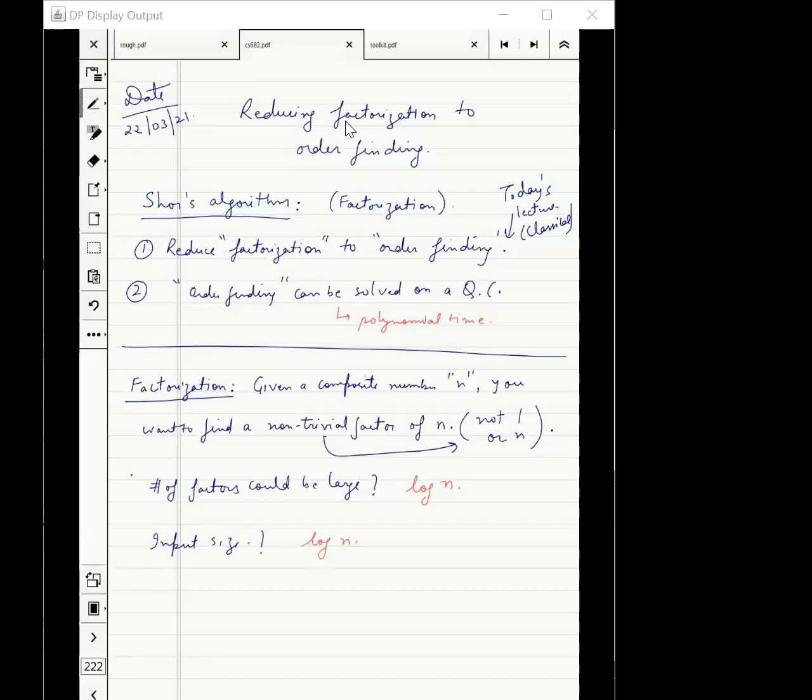So when I say I want to solve factorization, I am looking for an algorithm which runs in log n to the power c time for some constant c. This is what I mean by an efficient algorithm for factorization. Otherwise, if I give you n to the power c time, can you give me an algorithm for factorization?